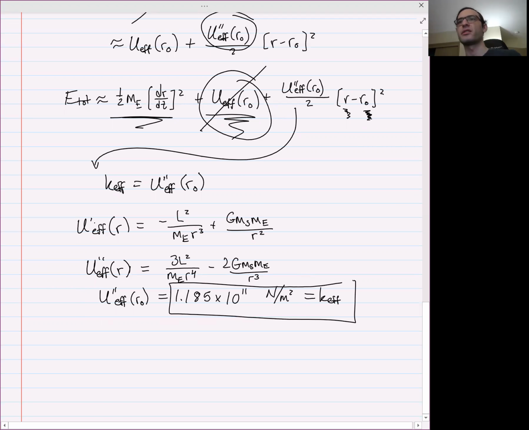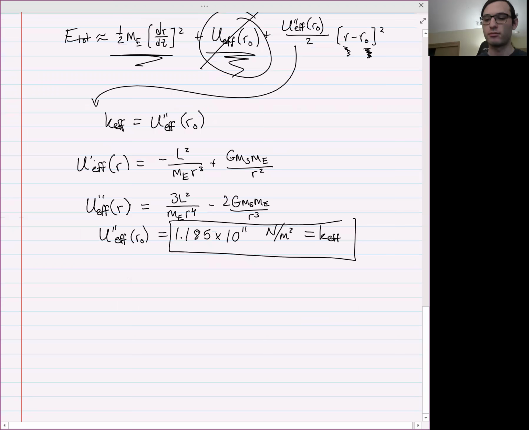The question asks, how long is one period of this simple harmonic oscillator model? Remember, we were able to figure out how long that is by using the effective potential, the effective spring constant and the effective mass. So we need to figure out what the effective mass is. We already know the effective spring constant.